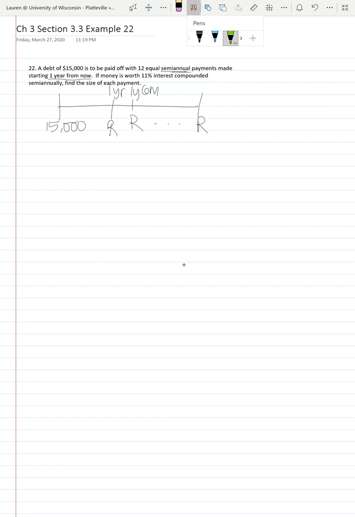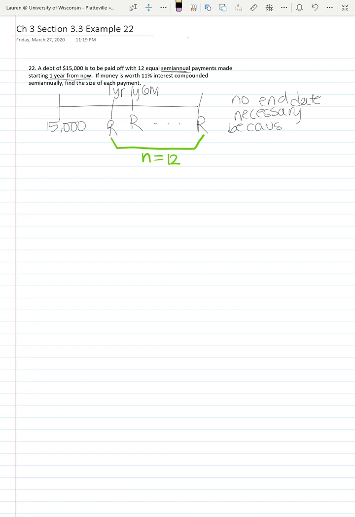Now we already know that there's going to be 12 payments, so we know that n is 12. So we don't need an end date. It's not necessary to have, because we know n.